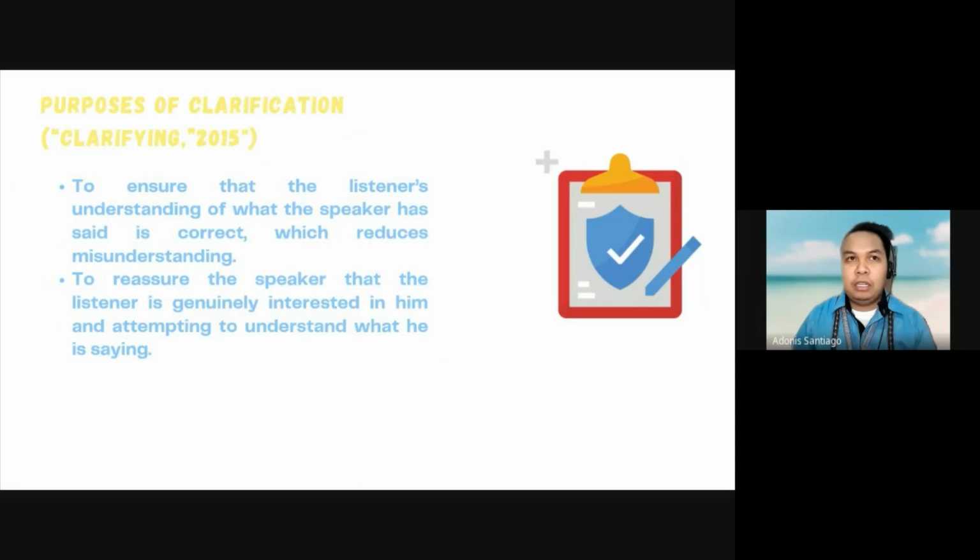But most of the time, we tend not to clarify things because we are not interested, right? So when the teacher asks you, do you understand? Do you have any questions? Just because you are not interested, what will you say? Yes, sir. Yes, ma'am. And when the quiz came, you got a very low score because you tend not to clarify things, right? So we need to have the skill of clarification often.